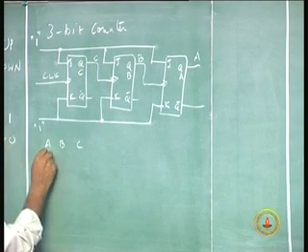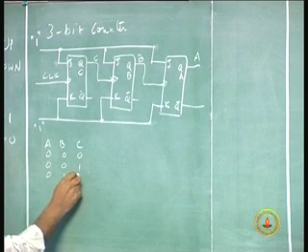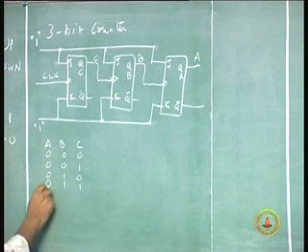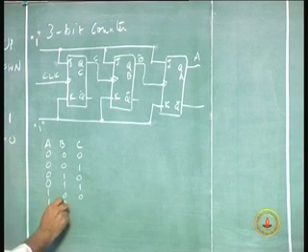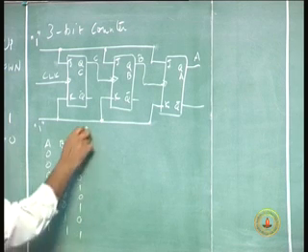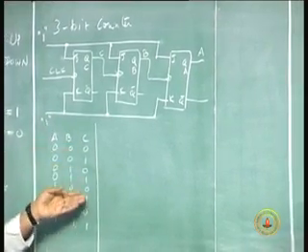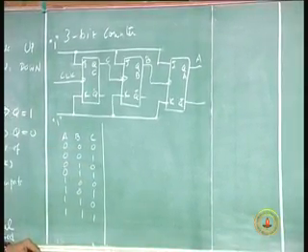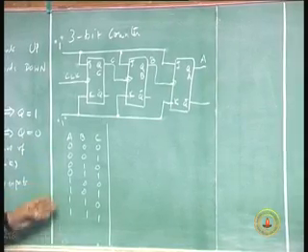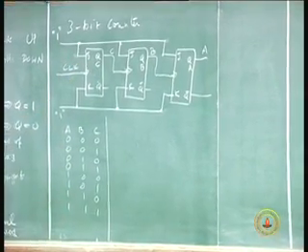Normally, I go 0 0 0, 0 0 1, 0 1 0, 0 1 1, 1 0 0, 1 0 1, 1 1 0, 1 1 1, or if I take the complements, it will be 1 1 1, 1 1 0, and so forth to 0 0 0. I have just drawn an up counter, you can also draw the down counter by taking Q bars instead of Q's. That is what I said just now.